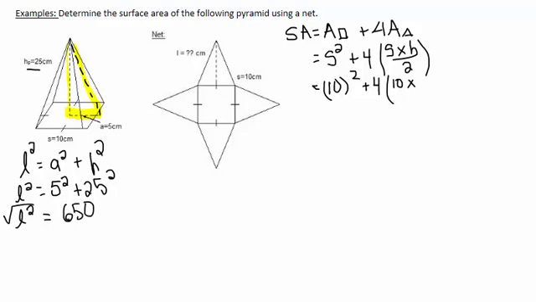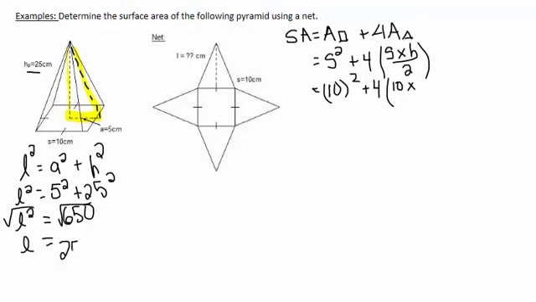And then we take the square root of both sides. So L is equal to 25.5 centimeters. Now we know that the height of the triangle, or the hypotenuse, is 25.5 centimeters. So you can plug that in here.